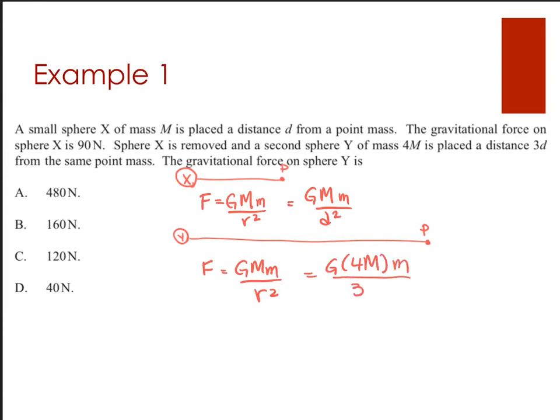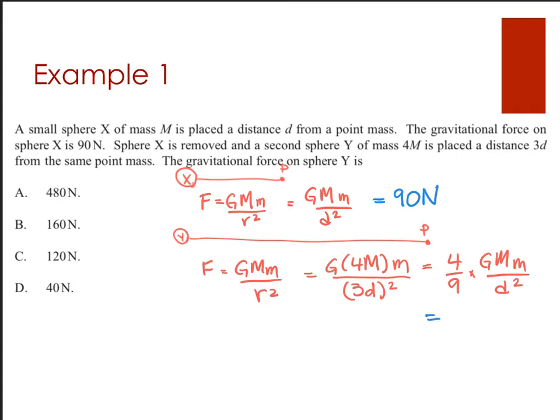And our distance is 3d. Make sure you put it inside the brackets because that does get squared. If I bring that out and put all the coefficients in front of it, you can see here that I've now got 4 over 9 times these letters, which are exactly the same as from sphere x.